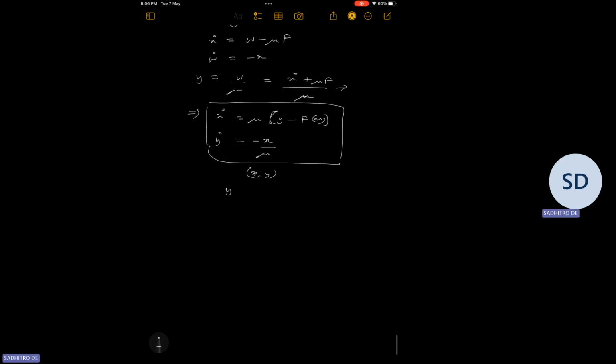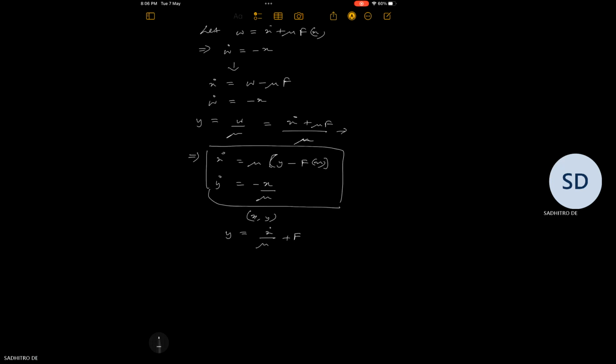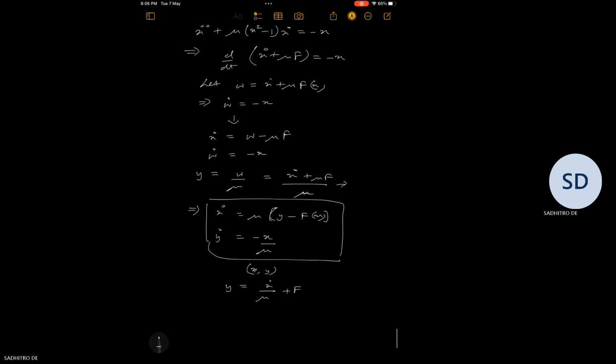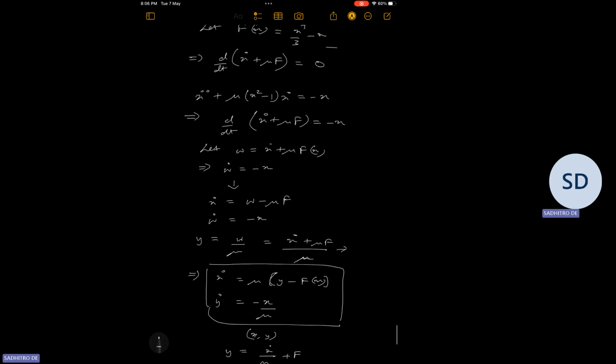So y is basically plus f, where f is given by this equation over here.